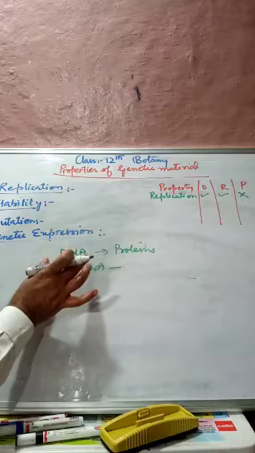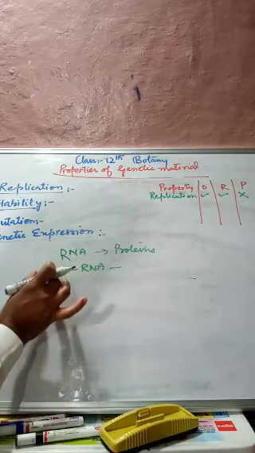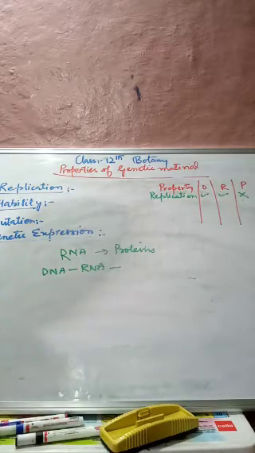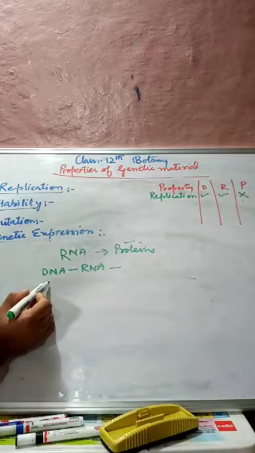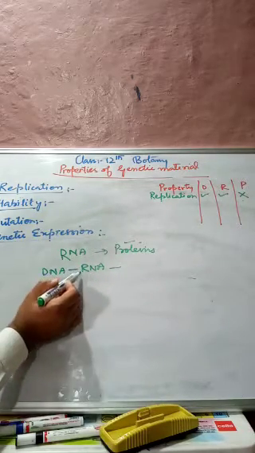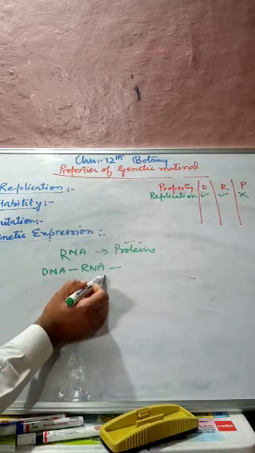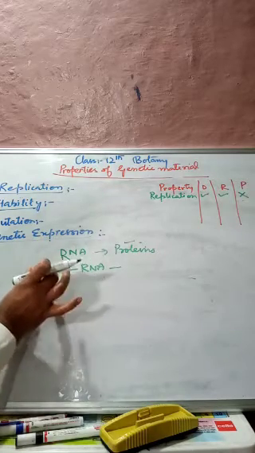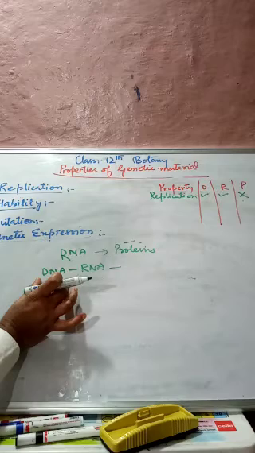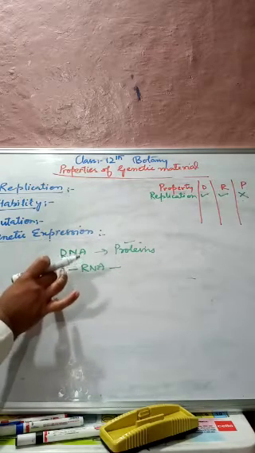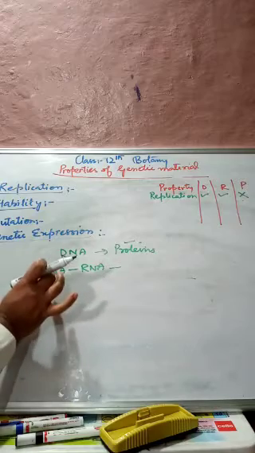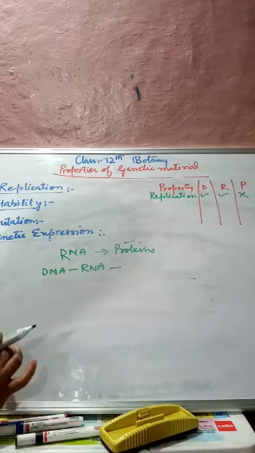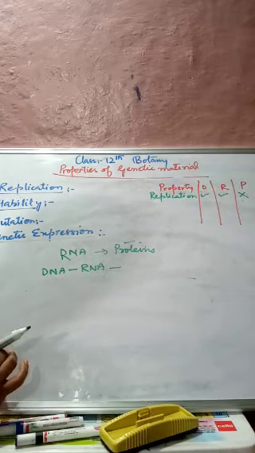RNA expresses the characters easily in the form of protein, while DNA requires RNA for the formation of protein. That means DNA is more stable and is considered better than RNA for the storage of genetic information.